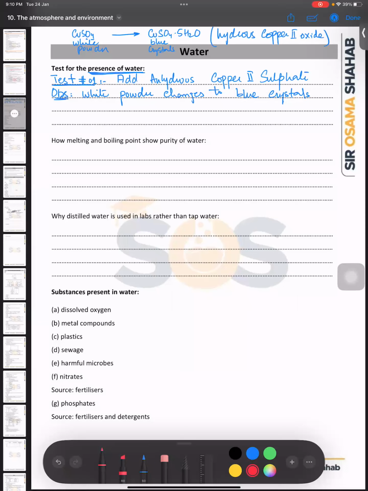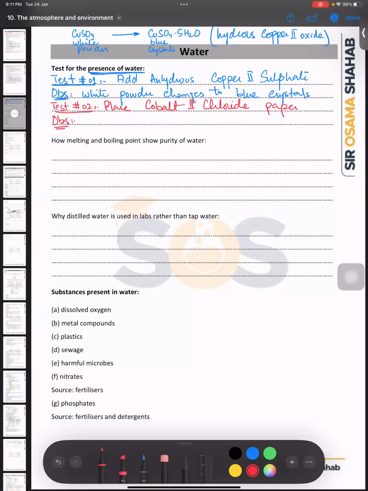The next test is about paper. We have one more paper known as cobalt(II) chloride paper. So you can say place cobalt(II) chloride paper, and if there is the presence of water, it will change its color. It is blue in color, right?